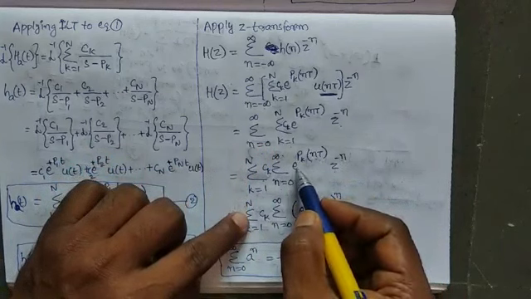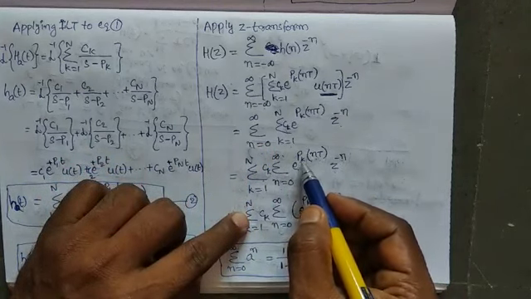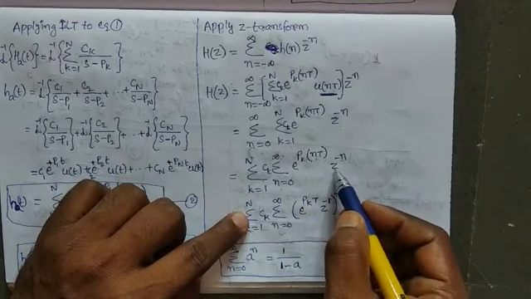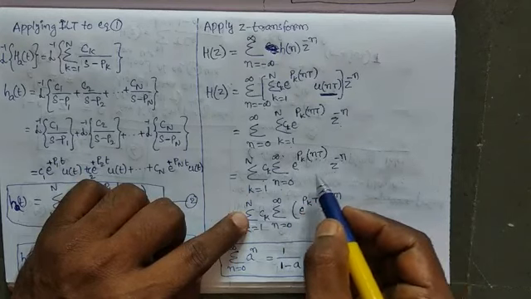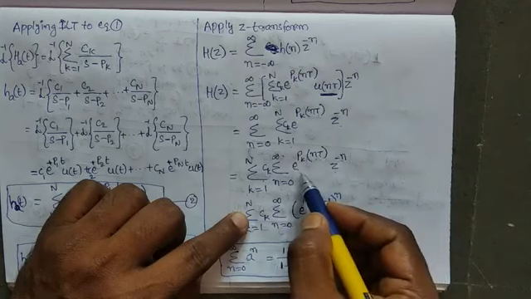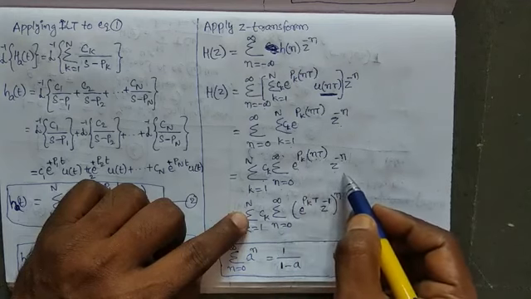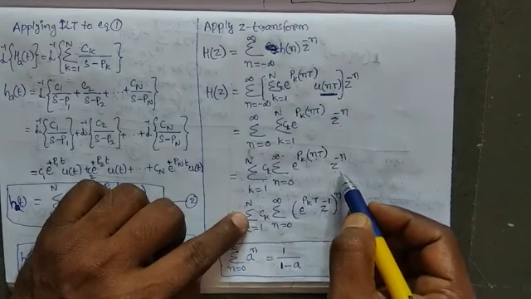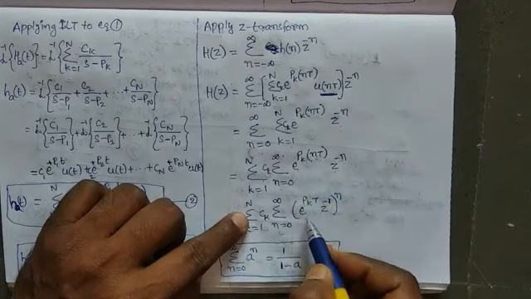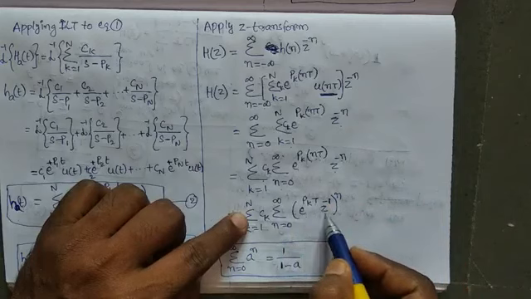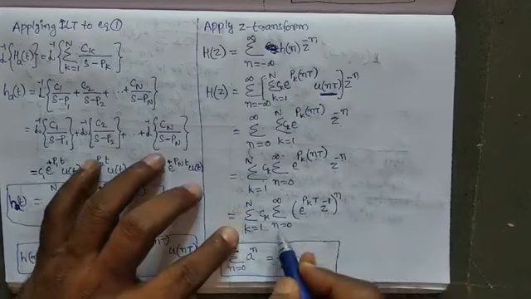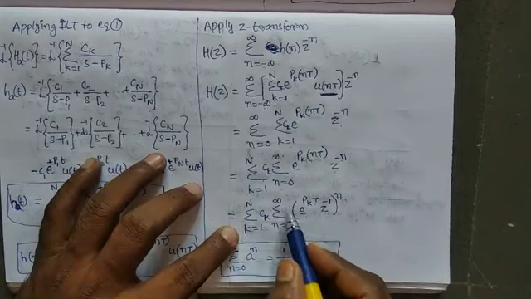I am writing this one like this: e power pkT whole power n into z power minus n. Let us assume it is of the form a power n b power n. How to write it in ab whole power n form? e power pkT into z power minus 1, whole power n, summation n equal to 0 to infinity.